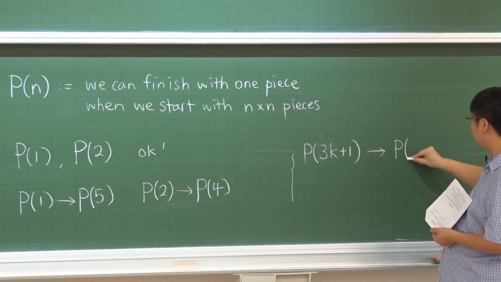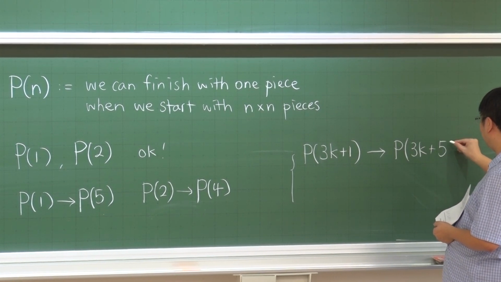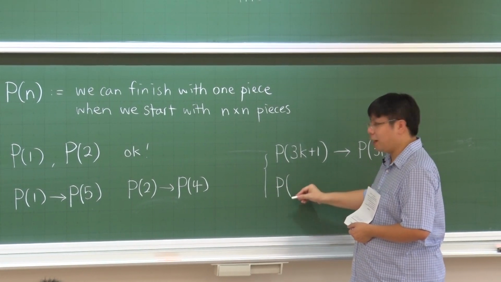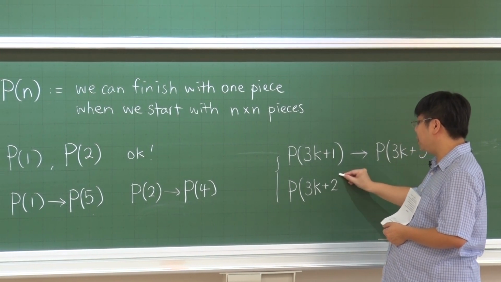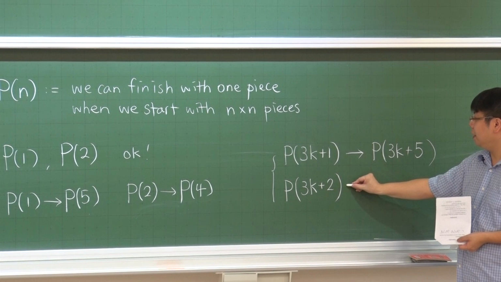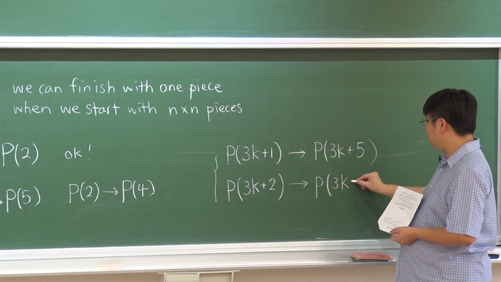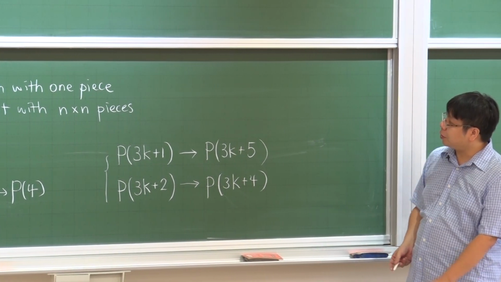So we are going to show that P3k plus 5 is okay. On the other hand, if we know that 3k plus 2, a multiple of 3 plus 2, is okay, then 3k plus 4 will be okay. Okay, so this is what we are going to show.